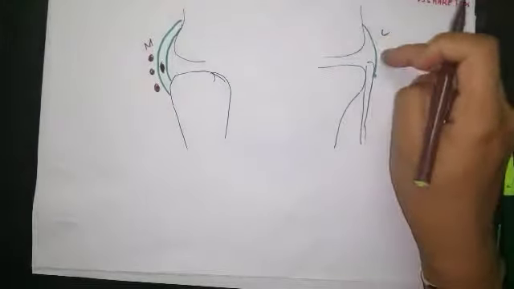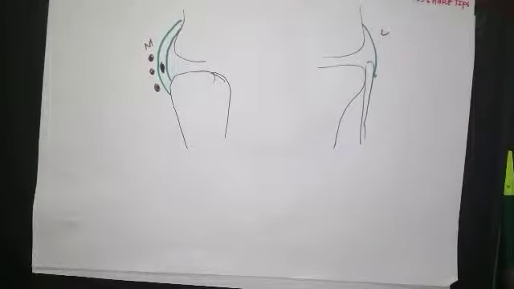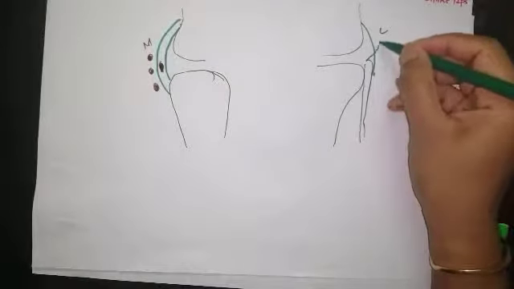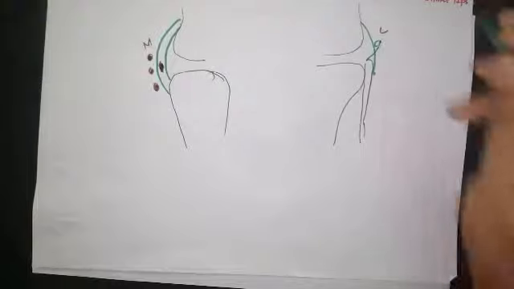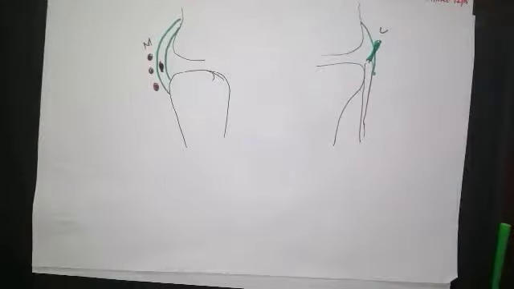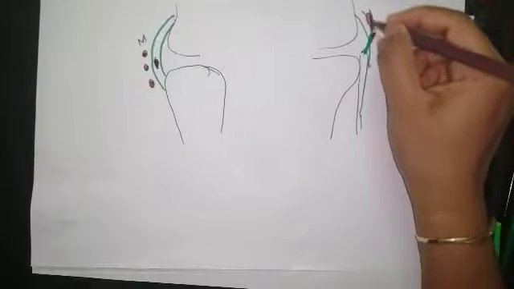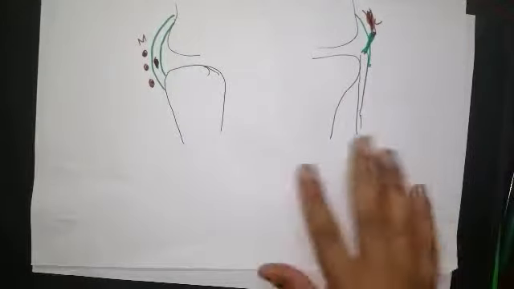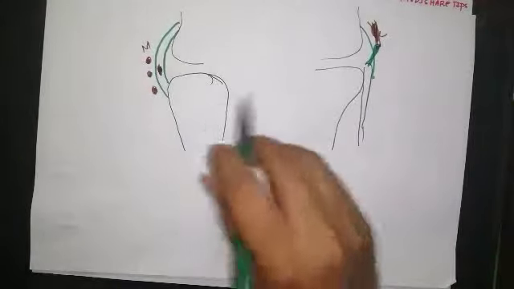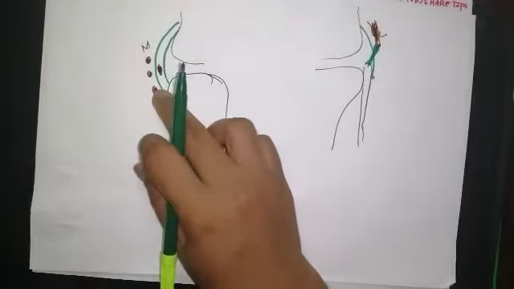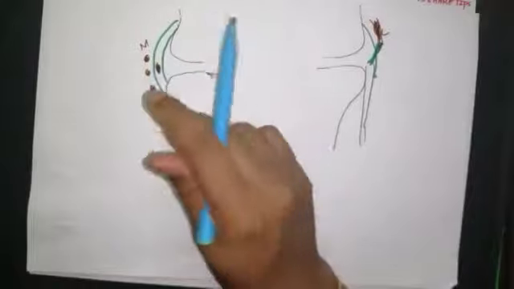And on the lateral aspect you have which muscle? That is the tendon of the biceps femoris. The biceps femoris tendon is located here, and you have the biceps femoris muscle on the lateral aspect. One vein which is present on the medial aspect is the great saphenous vein.